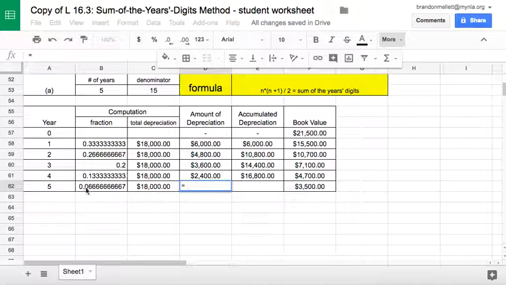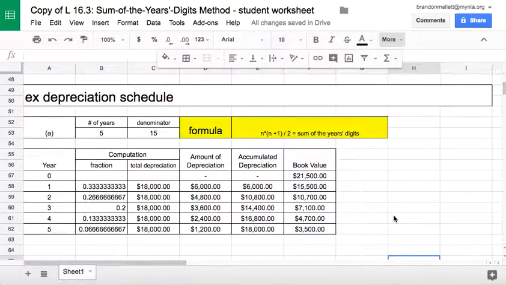And the last one, year 5 rate times total depreciation, 1,200. And we can add up all 5 years together. And that should be correct, 18,000. It matches total depreciation here. And then the book value, we could take the brand new minus all 5 years accumulated, and we'd still get the salvage value of 3,500.